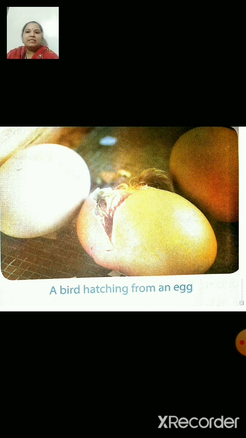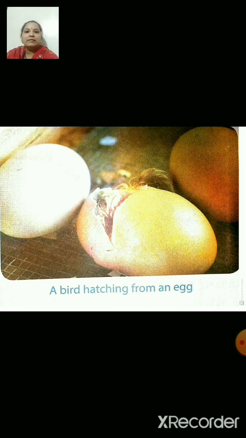So, we studied how birds reproduce. Most birds reproduce by laying eggs. After the eggs are laid, one of the parents, usually the mother, in some cases the father bird, sits on them to keep them warm.